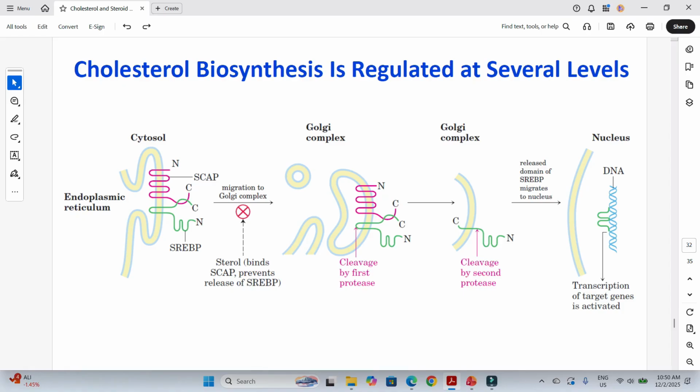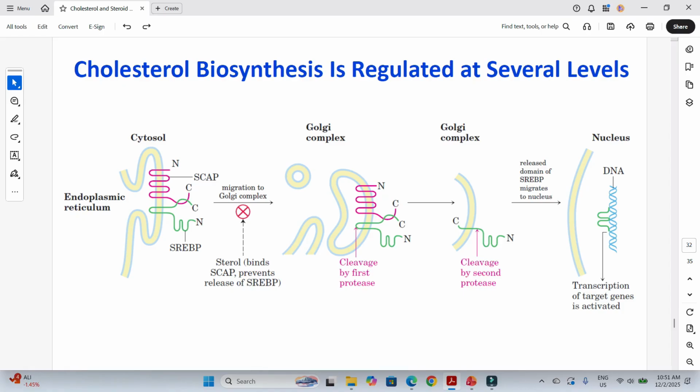Now, when a sterol is present, it binds to the SCAP and it prevents the release of SREBP. In other words, this SREBP domain is not released, and as a result, the transcription of genes associated with the synthesis of cholesterol is, of course, not activated.